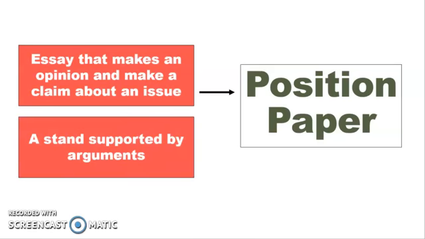Also, a position paper is a stand supported by arguments. It is important to support your argument with evidence to ensure the validity of your claims, as well as to refute the counterclaims, to prove that counterclaims are wrong, or to show you are well informed about both sides.